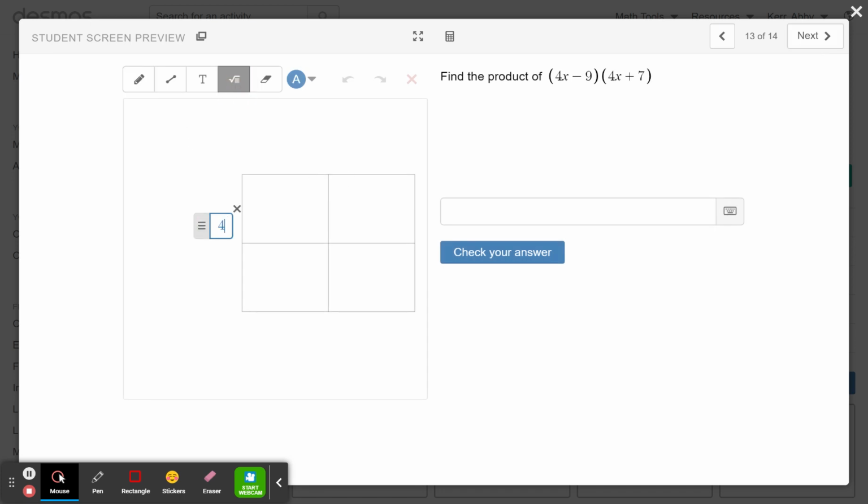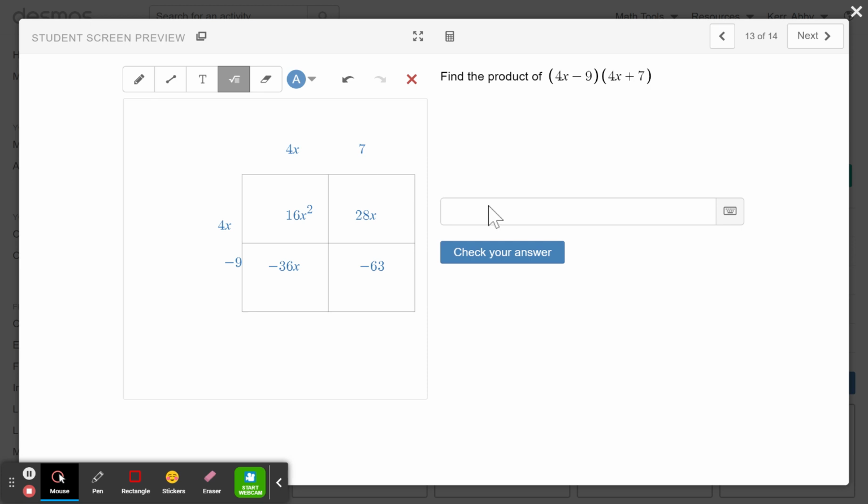Now it does not matter where you put the binomial as long as you put the minus 9 with the 4x. And then this 4x gets the plus 7. So 4x times 4x gets you 16x squared. This gets you 28x, negative 36x, and then negative 63.